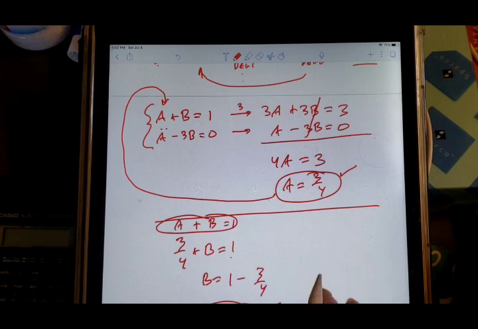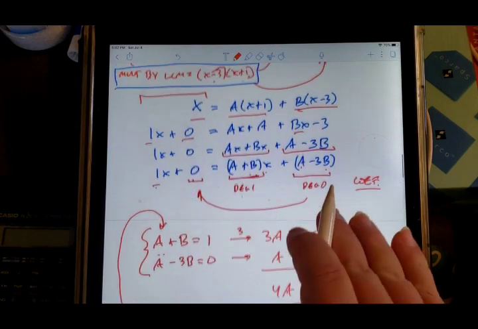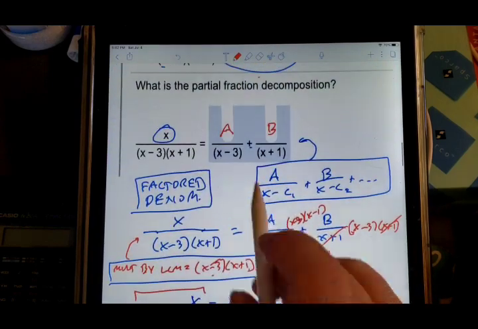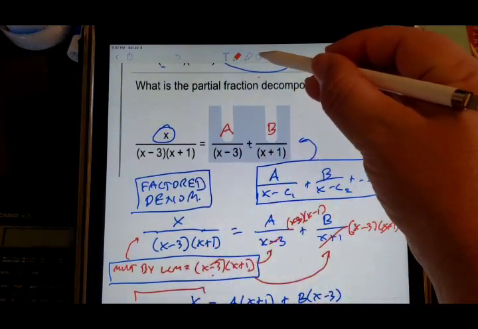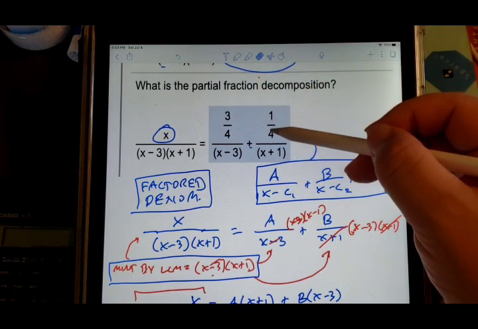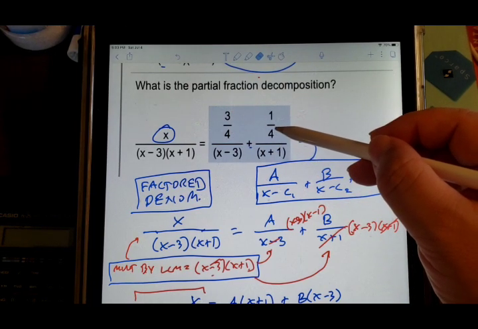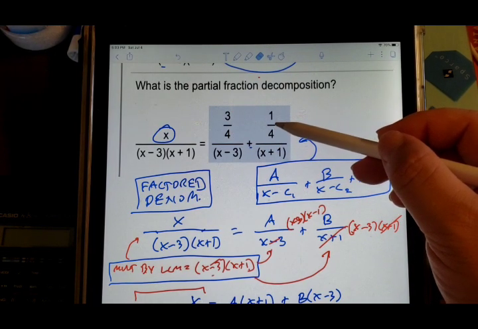So what is the conclusion? a is 3/4, b is 1/4. Let's go back to the beginning where I had this a over b. And I'll just erase what I have there. a I can replace with 3/4, and b I can replace with 1/4.